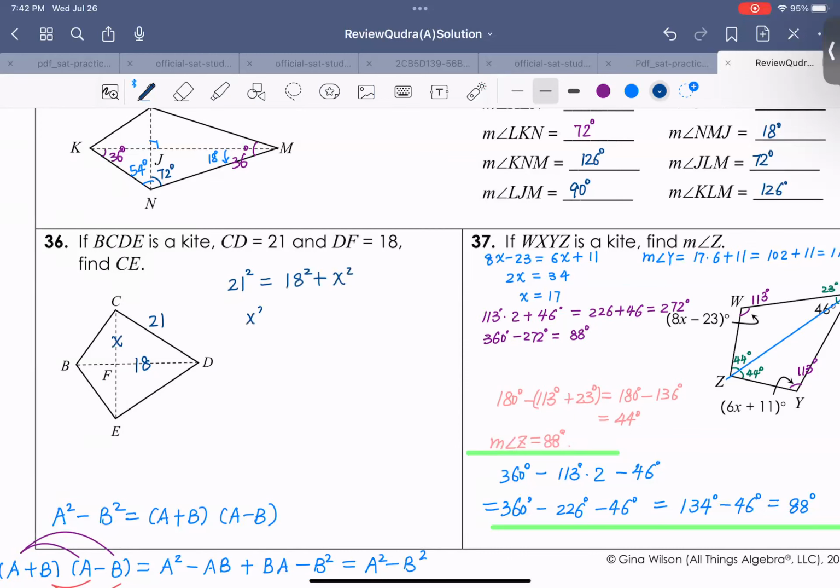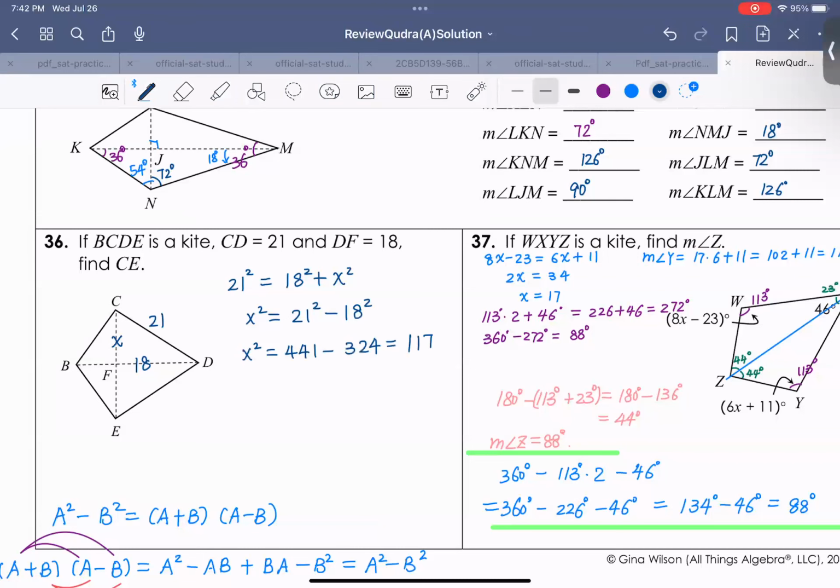So x squared will be 21 squared minus 18 squared. You know this squared is how much? 441 minus 324 equals 117. Good. 117.